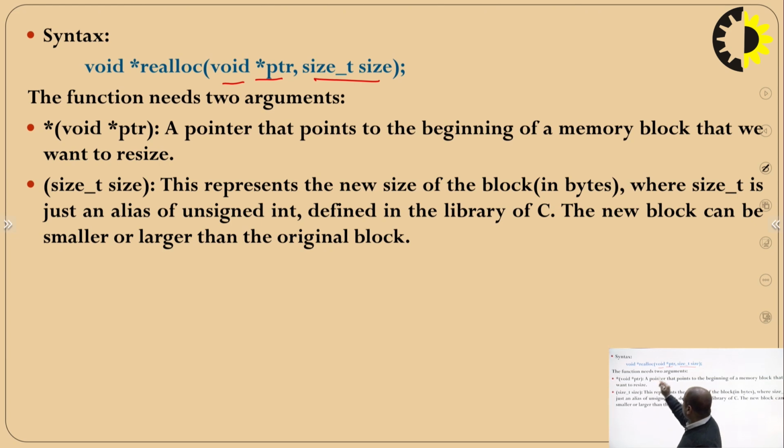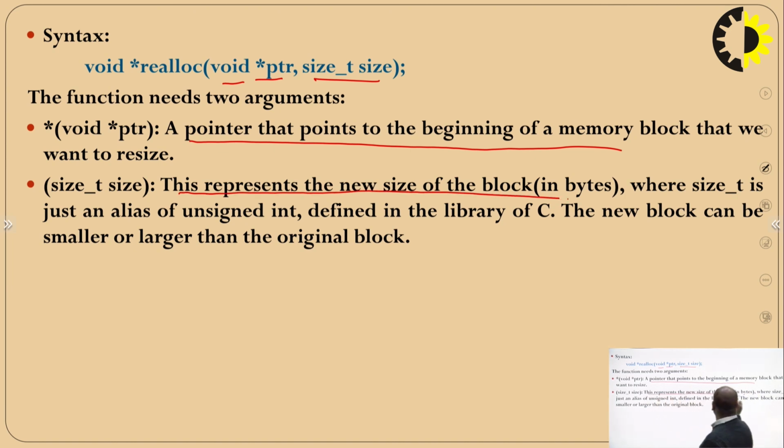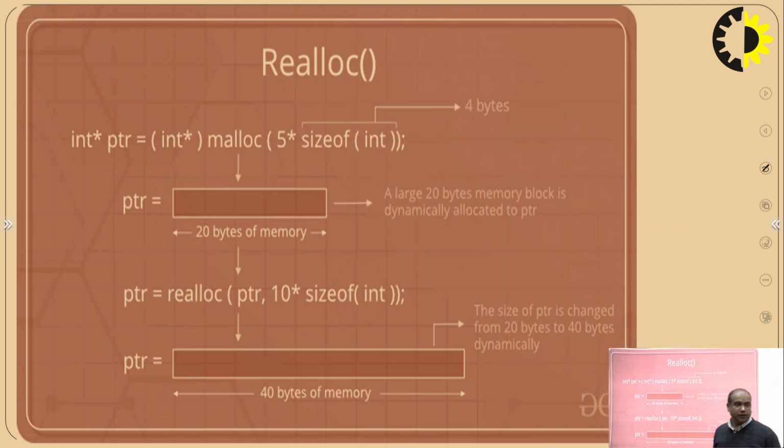The function needs 2 arguments: a pointer that points to the beginning of the memory block which we want to resize, and the size that represents the new size of the block in bytes, where size_t is just an alias of unsigned int defined in the C library. The new block can be smaller or larger. We can increase or decrease the size both ways. So that is the syntax for realloc.